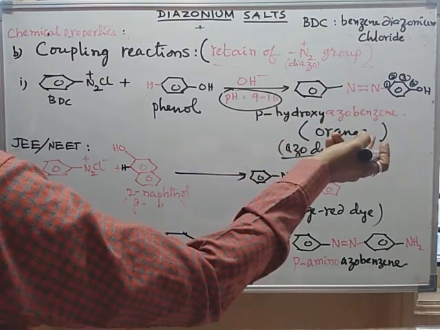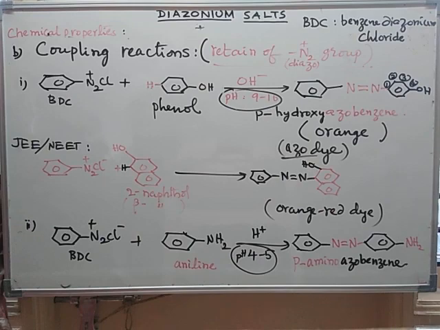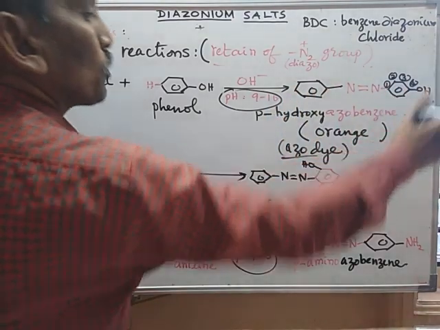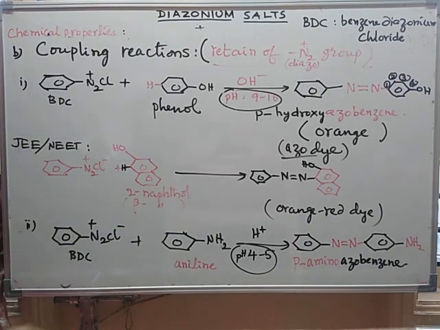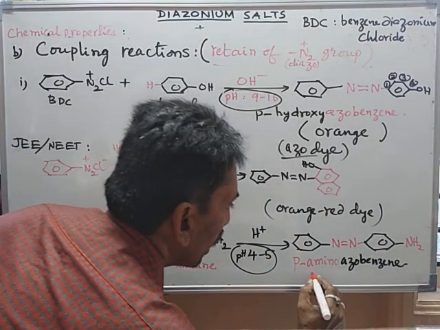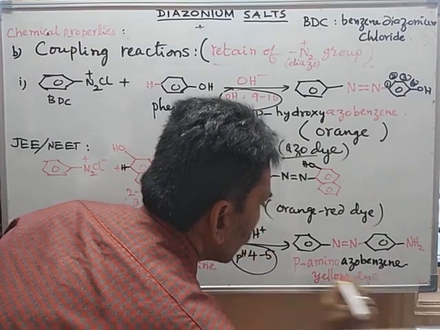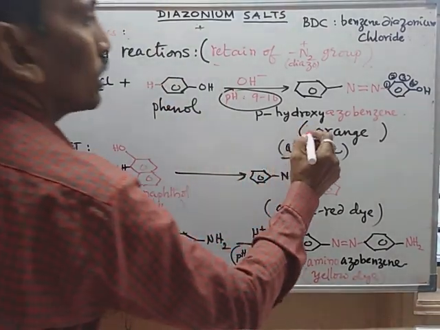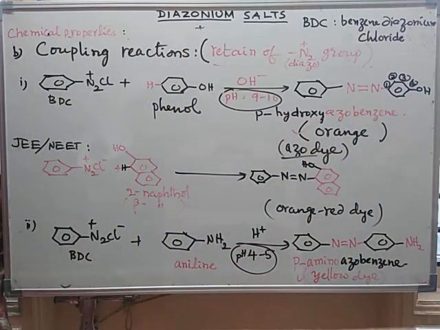If too basic conditions are taken, these two reactants are differently changed and the expected product is not formed. And here the color, this is important from the PU point of view, yellow color is produced, a yellow dye. What the color is may be asked. So orange color you have to prepare, yellow color you have to prepare, that is sufficient.